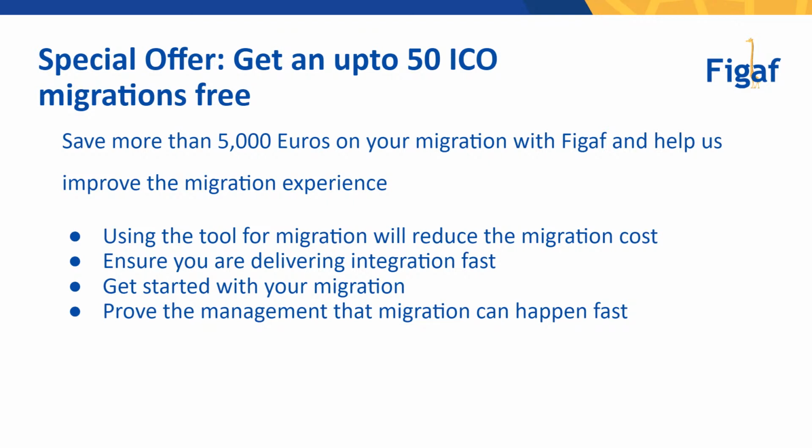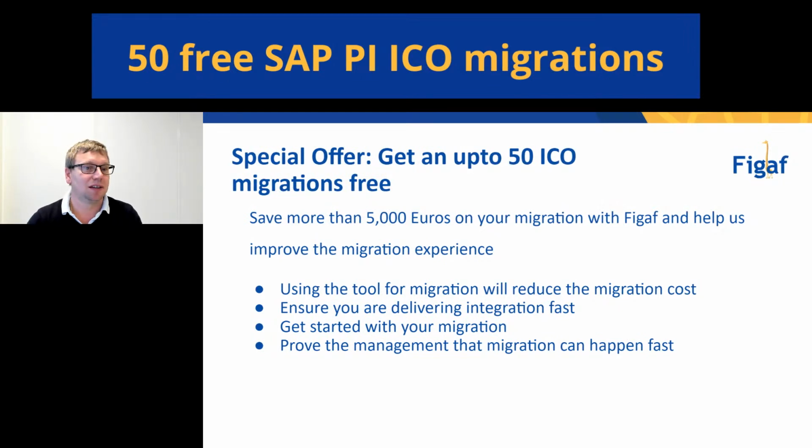It lets you reduce the uncertainty about what is possible with your migration, show that you can actually migrate at a fast pace, and then show management that you can migrate these integrations in a short period of time. So I hope that this is interesting for you or for some of the people that you know who think, hey, we are doing a migration project. Let's see if we can speed up this migration.